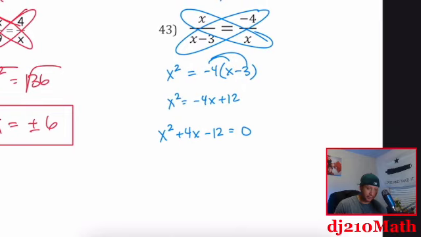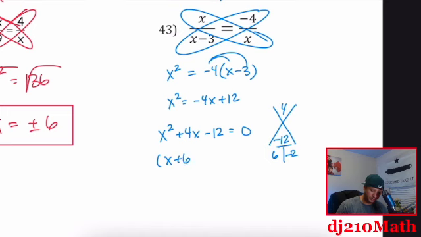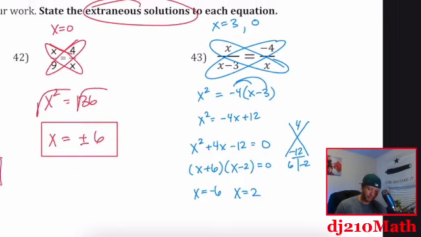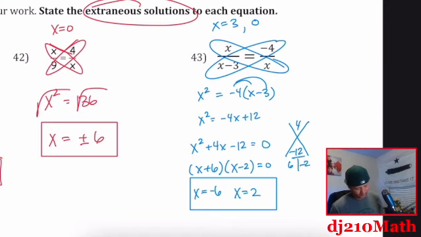And now we factor, right? It's a quadratic. What two numbers multiply to negative 12 and add up to 4? 6 and 2. One has to be negative, so the small one. So my factors: x plus 6, x minus 2. And the solutions: X equals negative 6, x equals 2. We compare to our excluded answers. They don't match. All right, so both of these answers are legit. All right, that was 43.